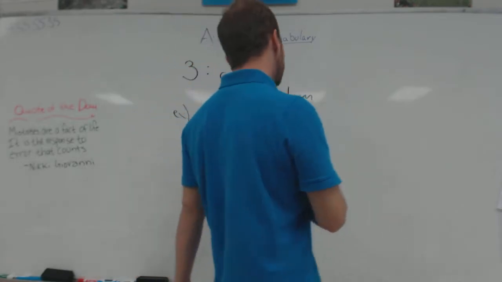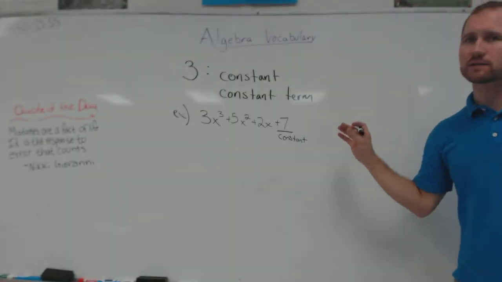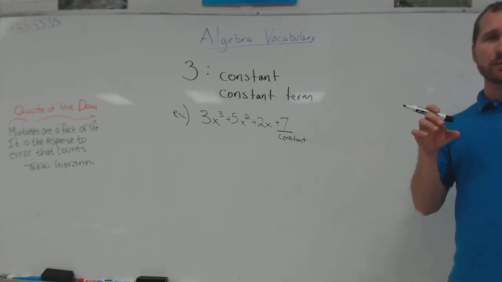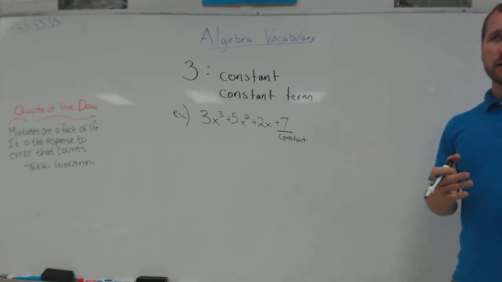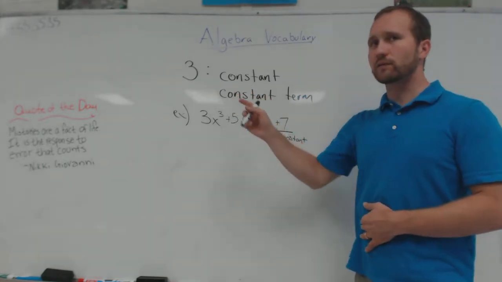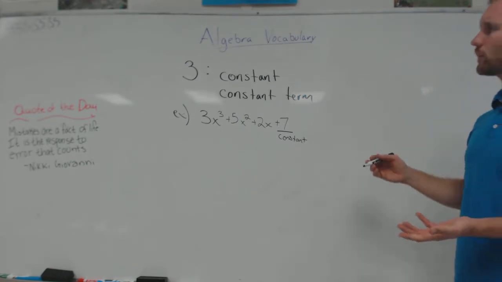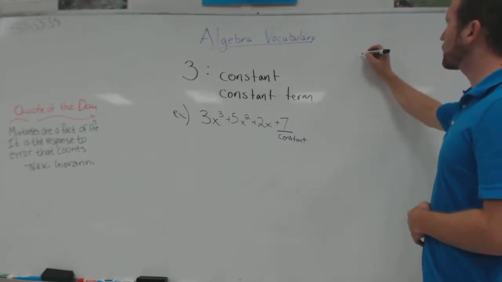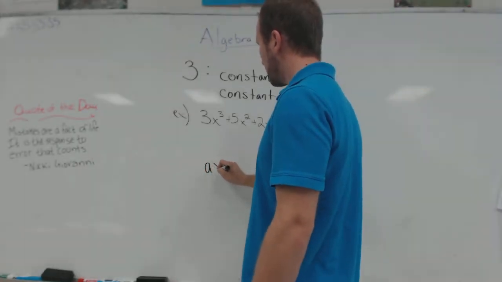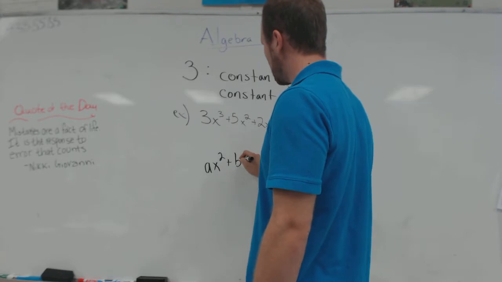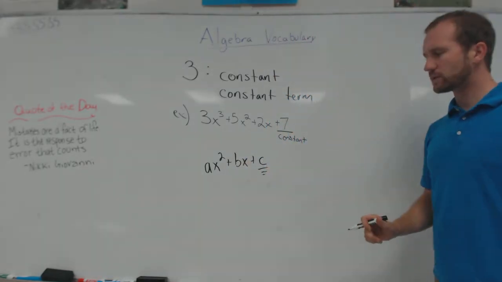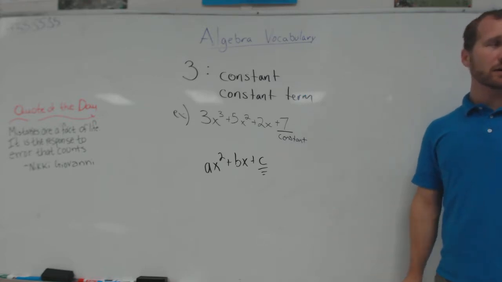And a lot of times you'll see constants represented by the letter C when people write out algebraic formulas, and that's just because C is the first letter of constant. So when you see the standard form of the quadratic equation, ax squared plus bx plus c, c represents a constant term in that equation.